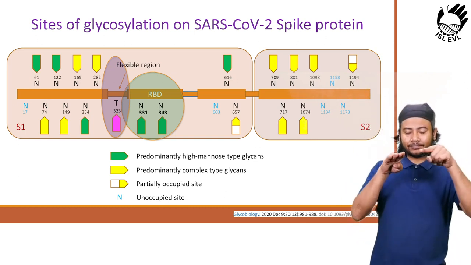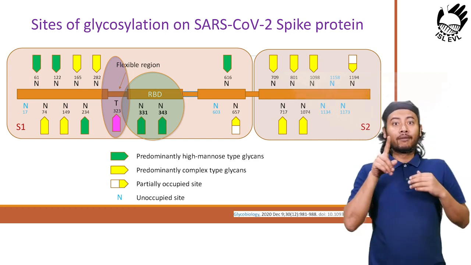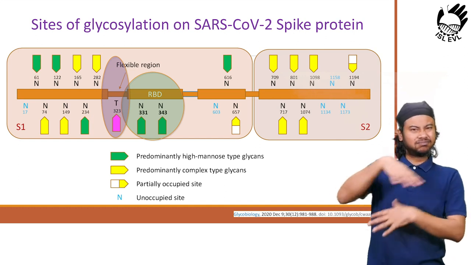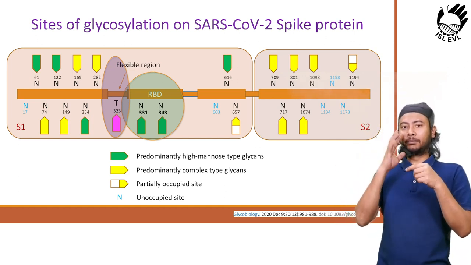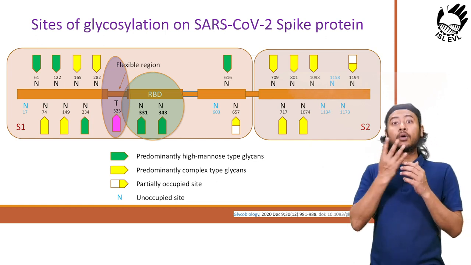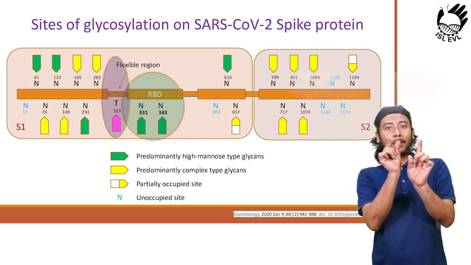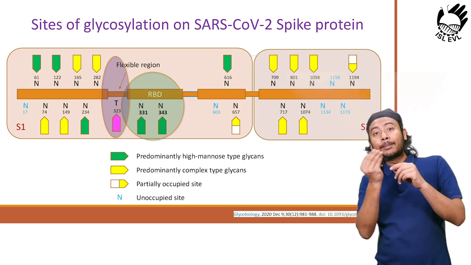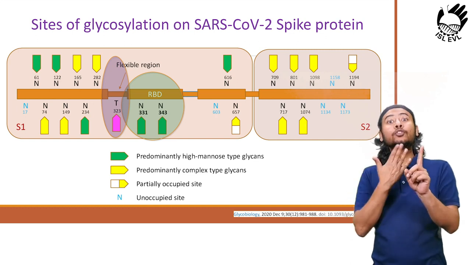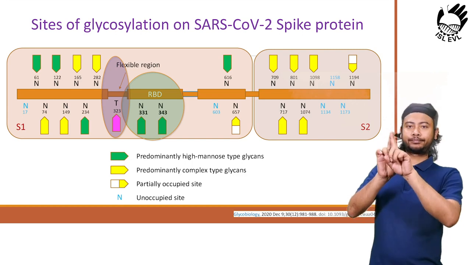This is because alteration in the glycosylation at these sites can affect the viral infectivity. This figure shows the two subunits S1 and S2 of SARS-CoV-2 spike protein and different types of N glycans color coded based on the type of N glycans, and the region where O glycosylations are present or reported on spike protein.